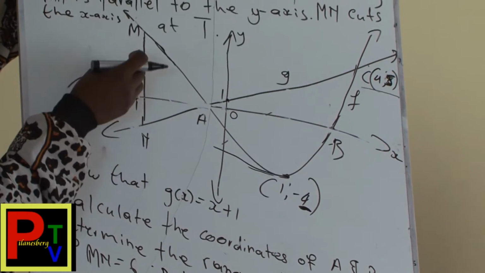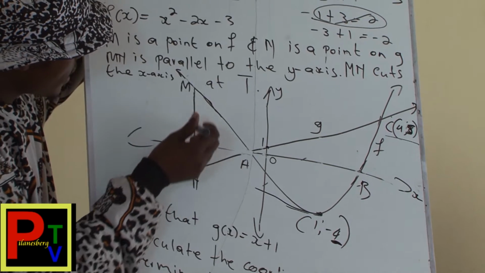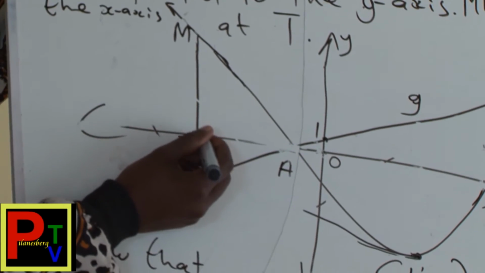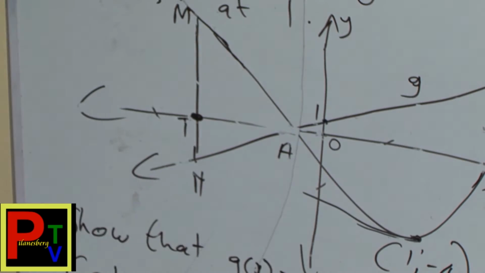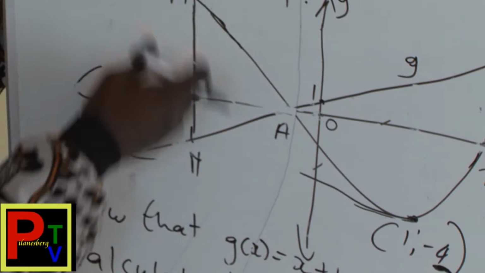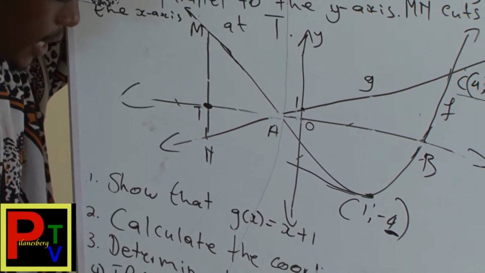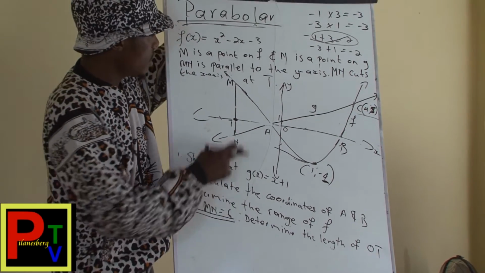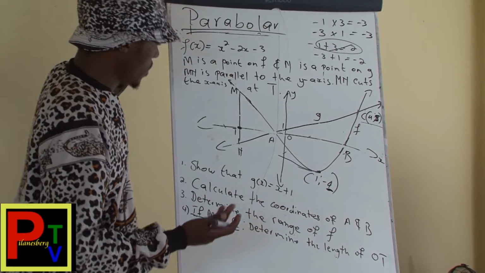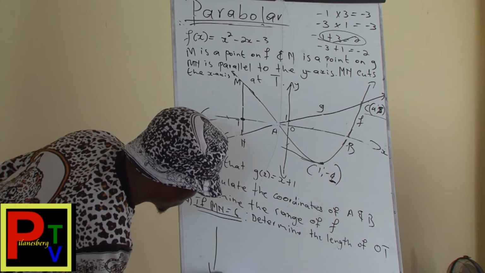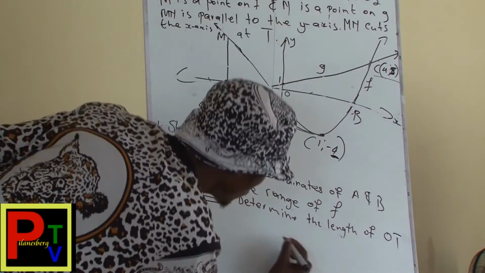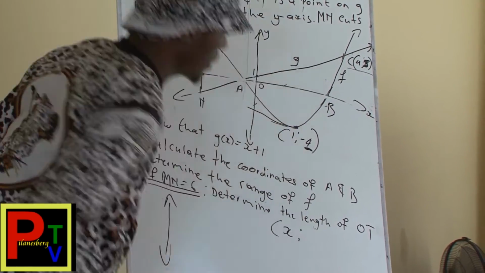This is MN. It means N, M and T share the same x value here. Therefore, the information given before, the other equation they give us, it means it has to be used. MN, we are given as 6. And remember, generally, the coordinates are like this.